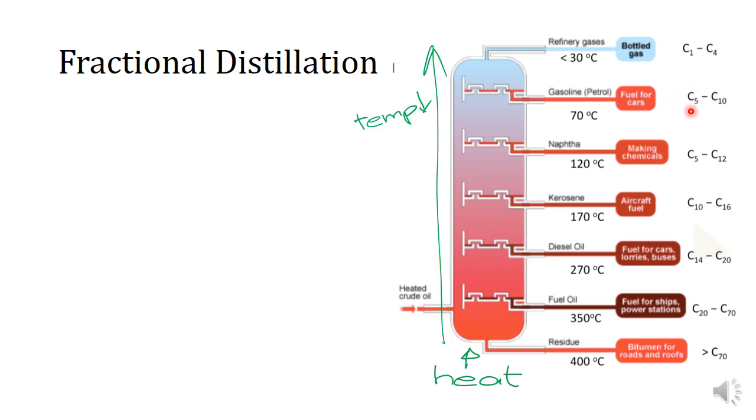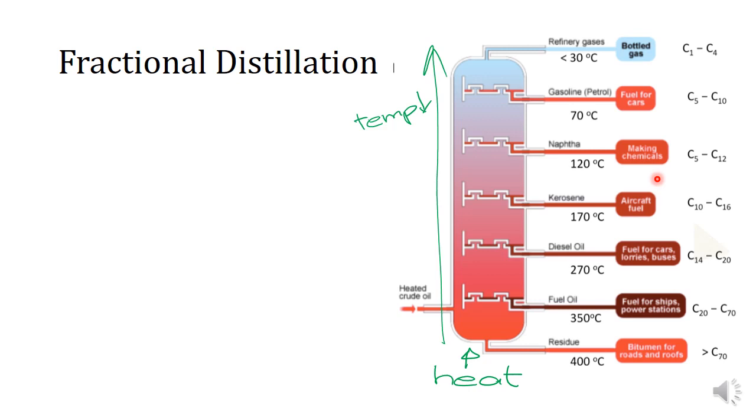Once we get to about 70, we're looking at the gasoline fraction. So C5 to C10 are what we use as fuel for cars. Once we're down here, our temperature's up at about 120. Naphtha, which used to be used as a chemical weapon in war, so pitch and naphtha, used to be used in movies where there's catapults lobbing flaming balls of stuff.